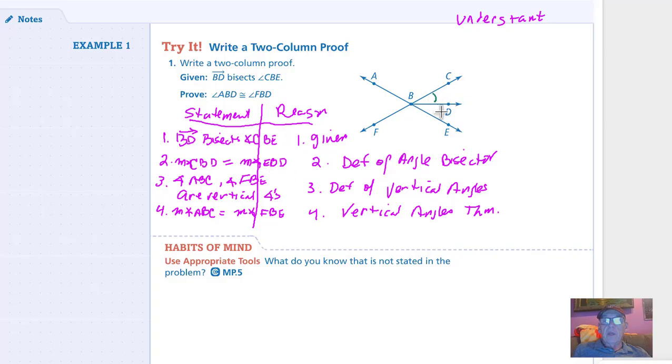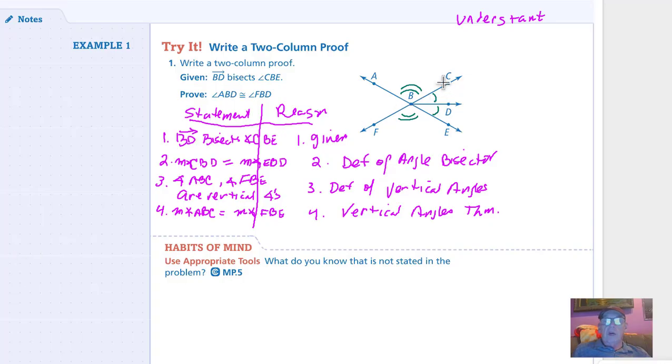So CBD and EBD are congruent. We got that from step 2. And then from step 4, we have that the measure of ABC is equal to the measure of FBE. That was our vertical angles theorem.